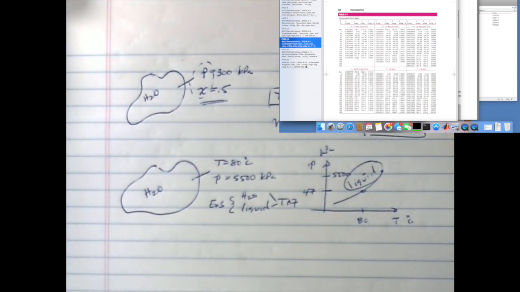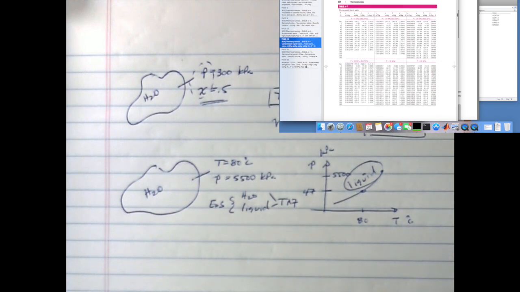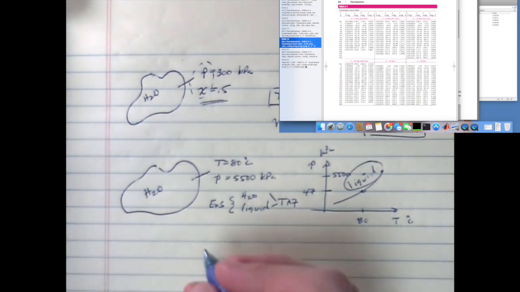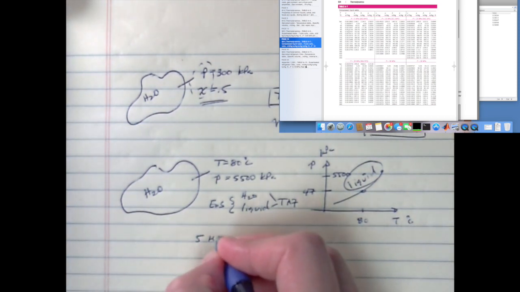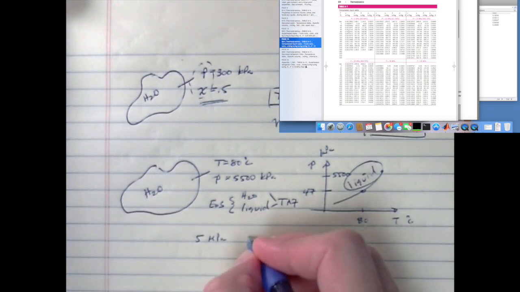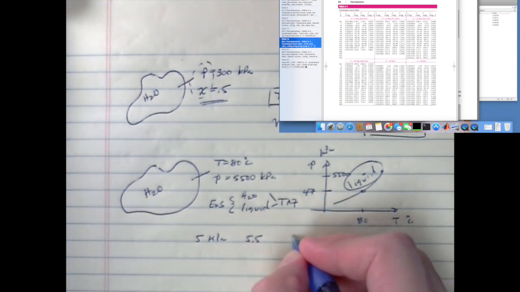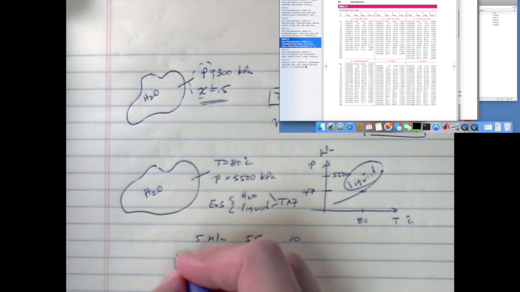So let's go to table A7. We look in here and we have this is 5,000 kilopascals, and this is 10,000 kilopascals. We want somewhere in between at 80 degrees centigrade, so we're going to have to do table creation. 5 megapascals, and we want 5.5, and we have 10 in the table.